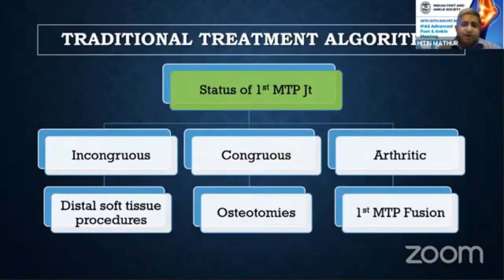The traditional treatment algorithm is based on the status of the first MTPJ and the severity of the deformity. If the joint is incongruous, you would add a distal soft tissue procedure along with an osteotomy. And if the joint is arthritic, you would offer a first MTPJ fusion.